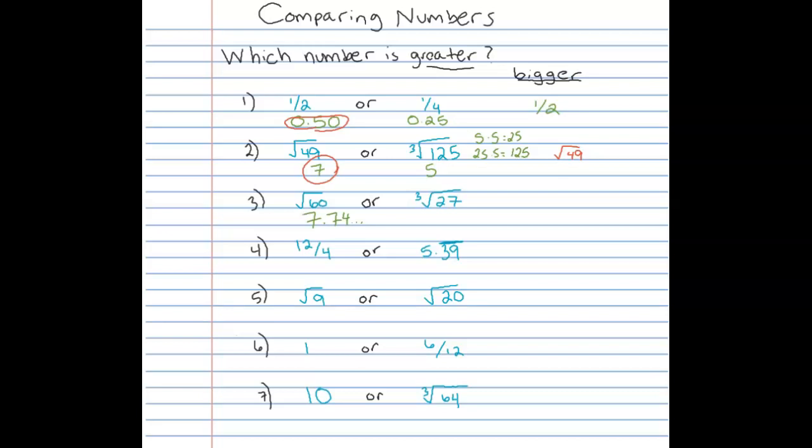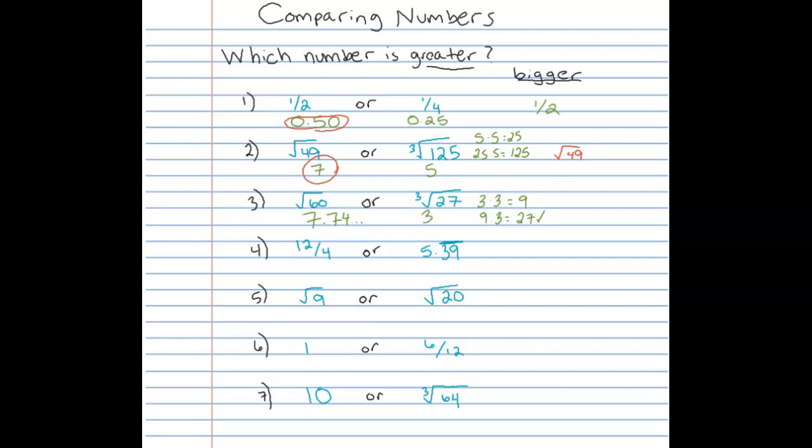Or the cubed root of 27. We know it can't be any bigger than 5 because 27 is smaller than 125. Let's pick 3. 3 times 3 is going to give me 9. Then 9 times 3 gives me 27.